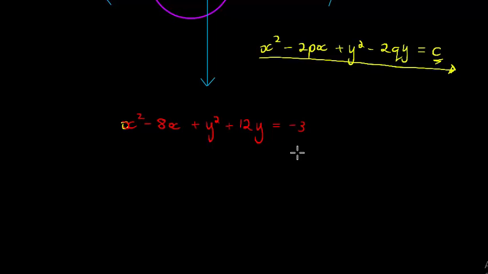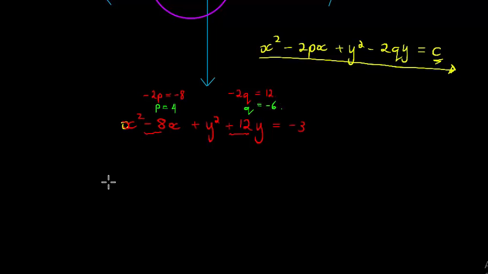Let's see if this one works nicely. We can see that negative 2p is equal to negative 8, and negative 2q is equal to 12. So I can easily see that p will be equal to 4, and q will be equal to negative 6.